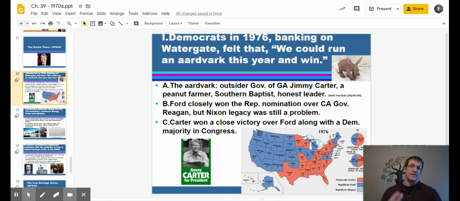And that's what Carter gets in 1976. That's what the Democrats get in 1976. They have that trifecta, if you will. And normally what that means is a political watershed. It means that that party is going to probably get most of the policies that they want enacted.